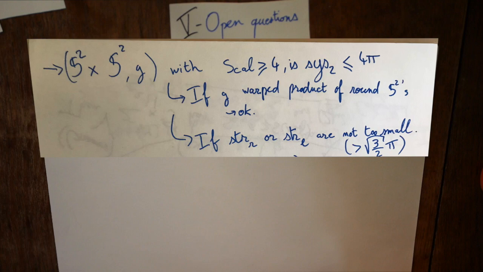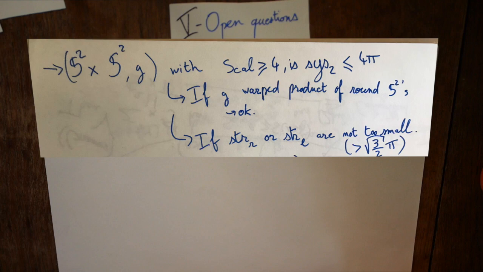If you assume that the left stretch is bigger than square root of 3/2 times pi, not sure that's very important, then you will get that the left systole or the right systole is at most 4 pi. Okay. So that would be something.